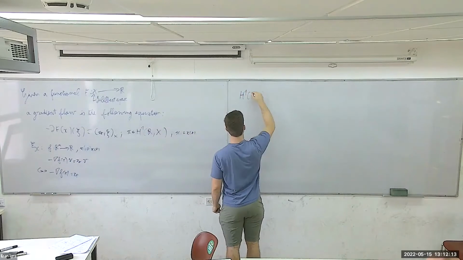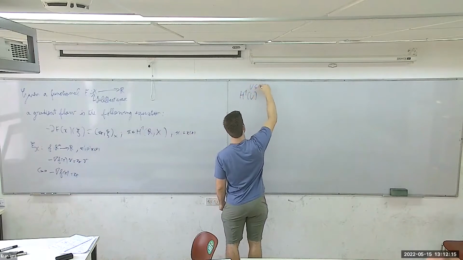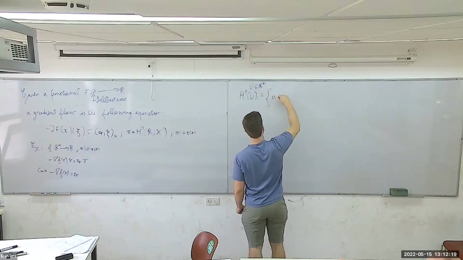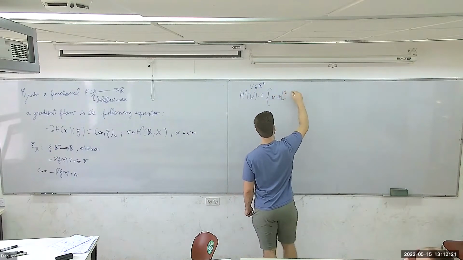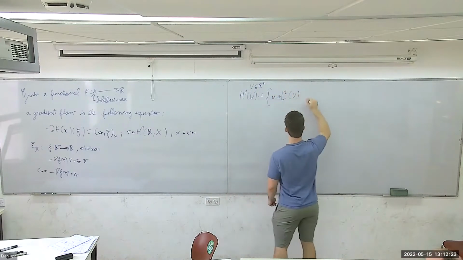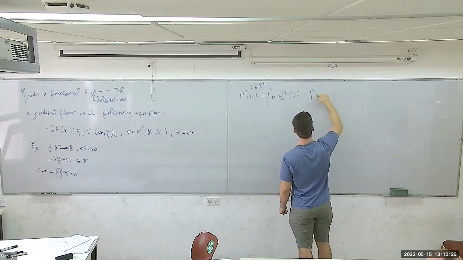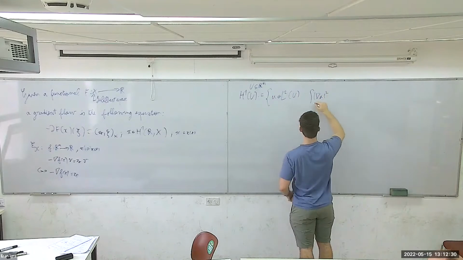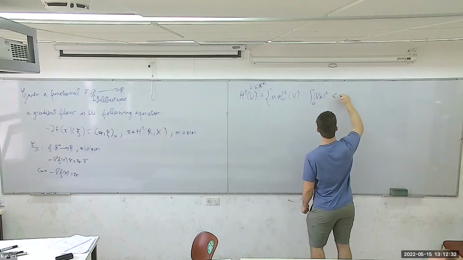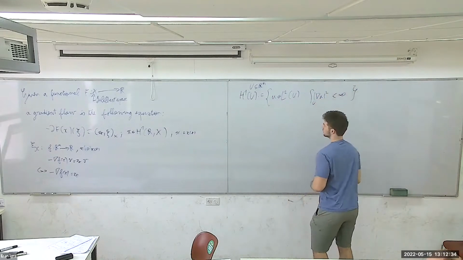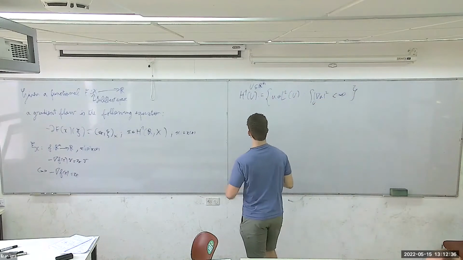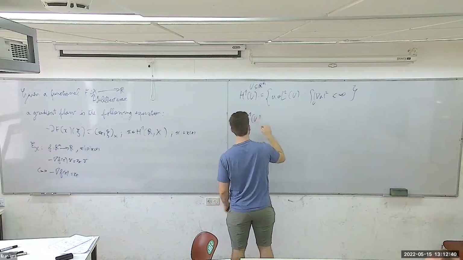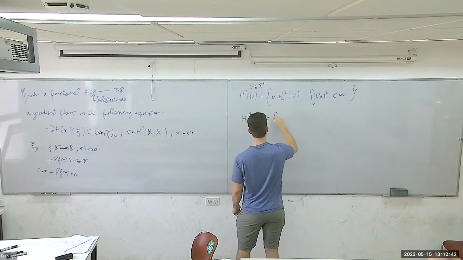H1 of U in Rn is just U in L2 of U such that the first derivatives are in L2. So that's H1 of U. I'm going to define H minus 1 of U. This is the Hilbert space we're interested in.